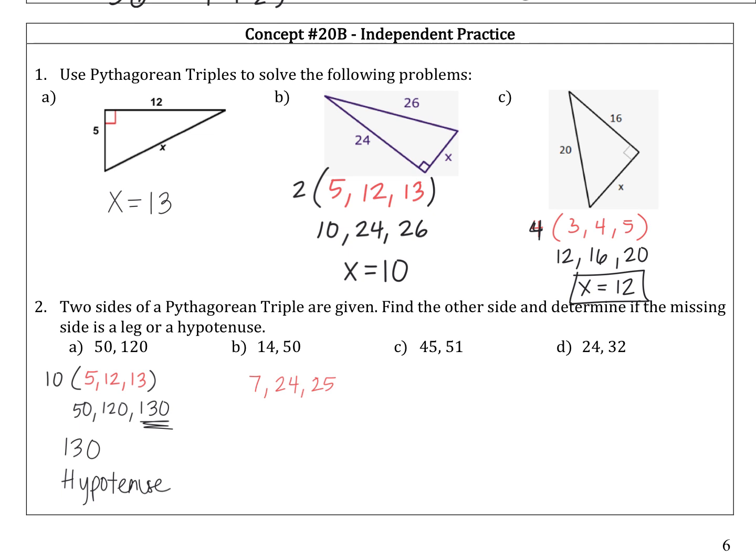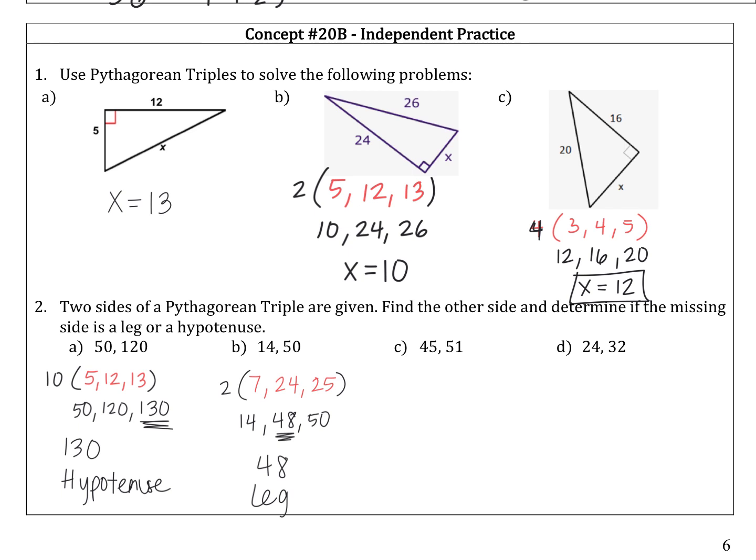What does it multiply by? 2. Just 2. Okay. So it gets you 14, 48, and 50. Which one are you missing? 48. Is it a leg or hypotenuse? A leg, because it's not the longest side. So your answer is 48 because that's the one you're missing.